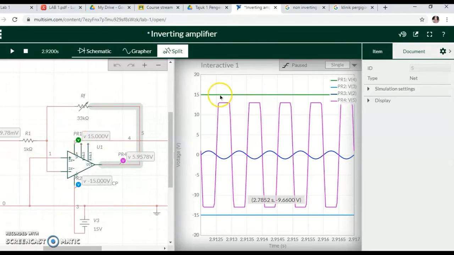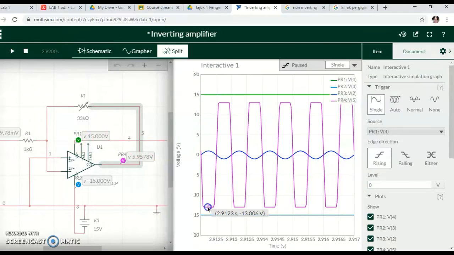We check this one. It should be negative 15, but for 30 kilo ohm, it exceeds the voltage limit, so the waveform is clipping. Is that all for the inverting amplifier?